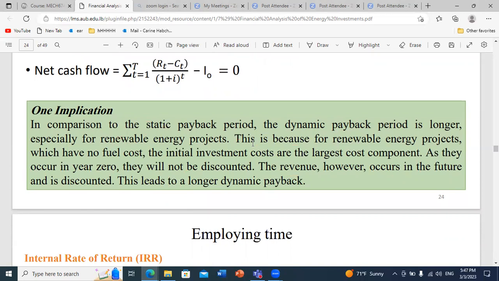But you have a big initial investment to put. And whenever we talk about the dynamic payback period, the value of money is reduced with time, and since you should pay the whole amount at the beginning of your project, this will lead to an increase in the dynamic payback period.